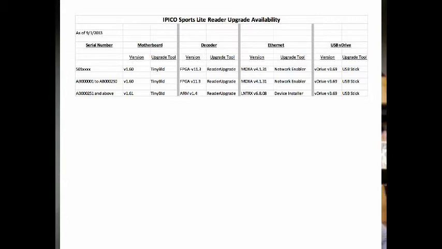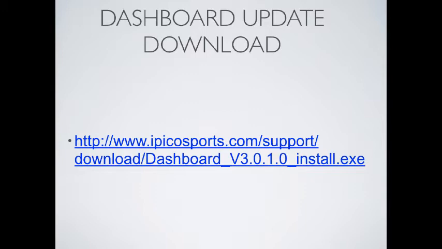All right. I will close that, and we will move back to the presentation mode, and I'll go back to the dashboard download information. That's on the screen right there in front of you at the moment. Feel free to jot that down quickly.